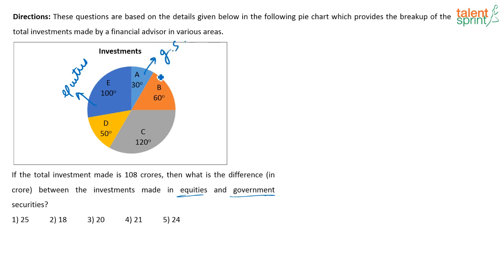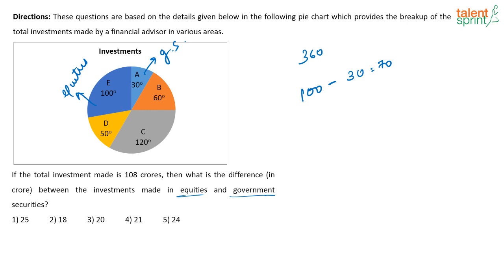What is the difference? See, if totally 360 is the investment, out of that 100 is from equities and 30 is from government securities. Okay, so out of this total 360, what is the difference? 70.